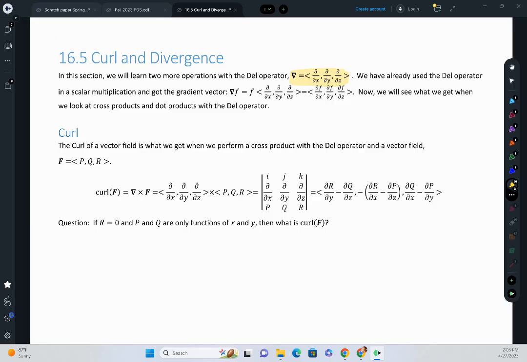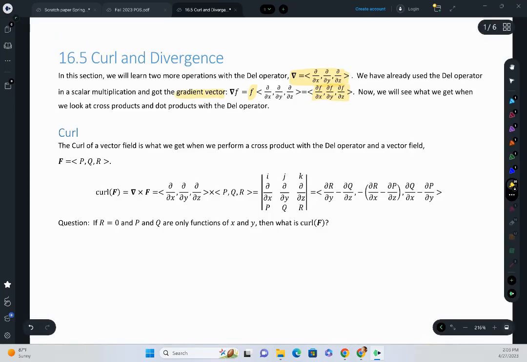Now, if that vector was to operate on, say, a scalar function, little f, then what we would get is a vector with functions in it. And each of the functions would correspond with a first partial derivative of that little scalar function f. So that's what we did before. We had del f, and that calculated the gradient vector.